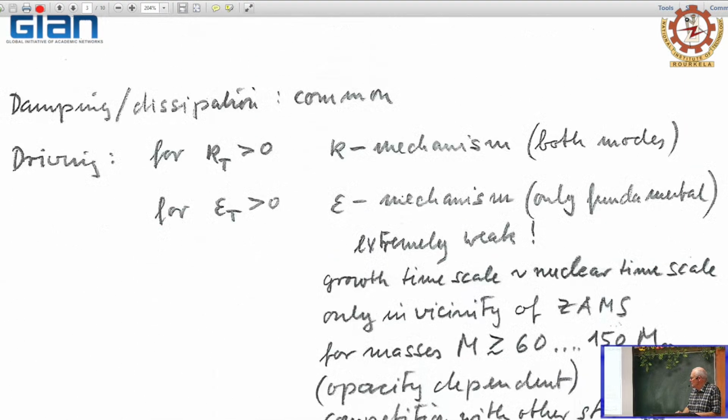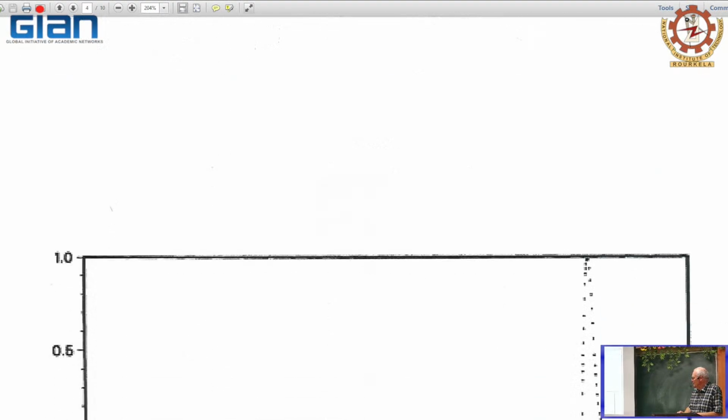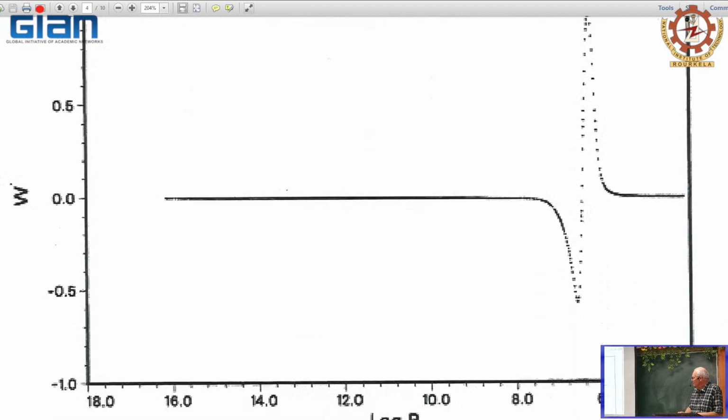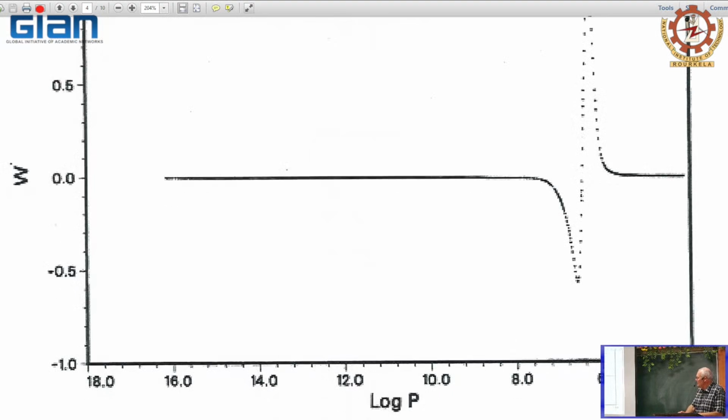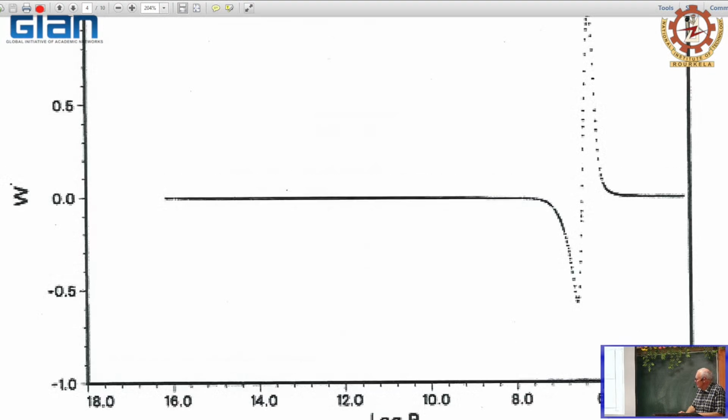So let's go to the 87 solar mass star. Here as a function of log P, we have the W dash, and we see there is a domain where W dash is negative, so this is a driving region, and this here is a damping region, and this is a driving region.